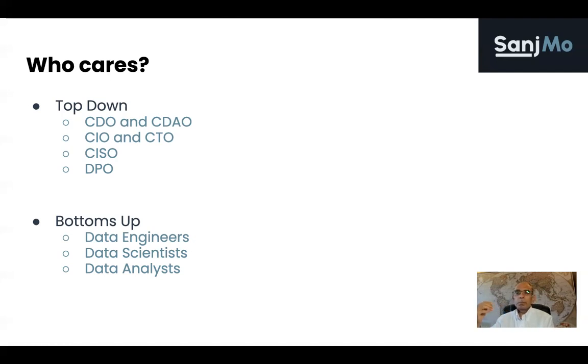Bottoms up, the data engineer is busy building data pipelines, something breaks, and they need to understand very quickly where in the pipeline that problem happened so they can go back and fix it. Data observability is one of the ways by which you can find out how that data breakage happened. Same thing for data scientists.